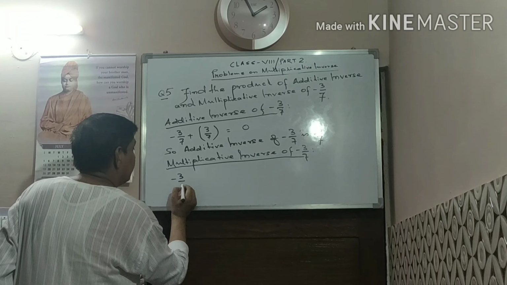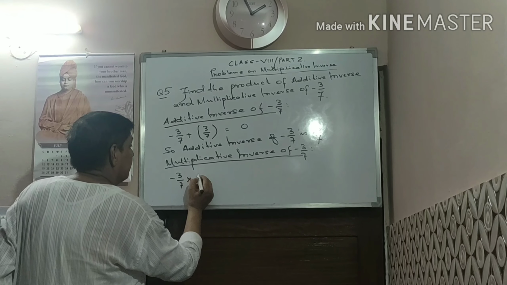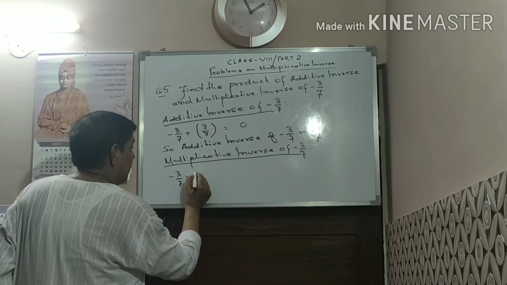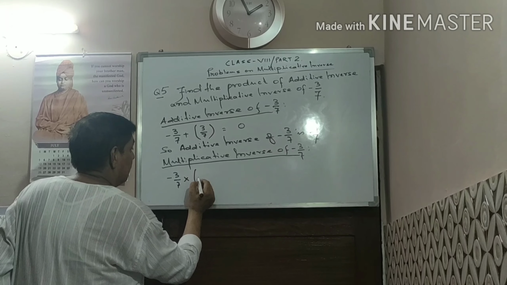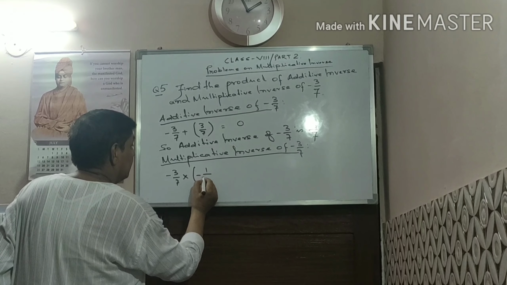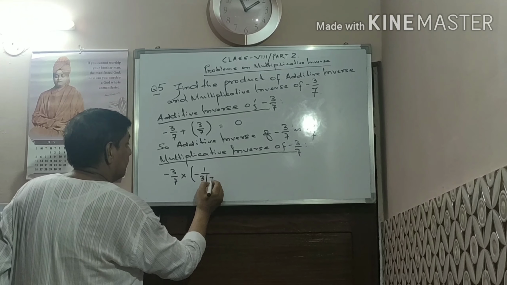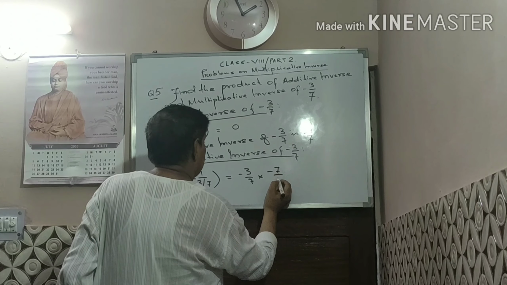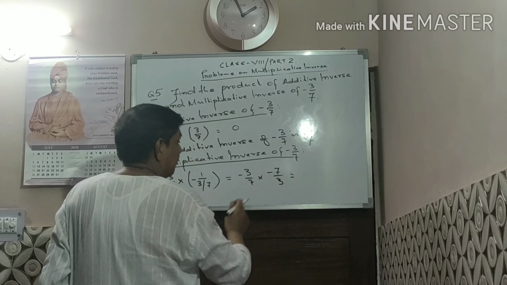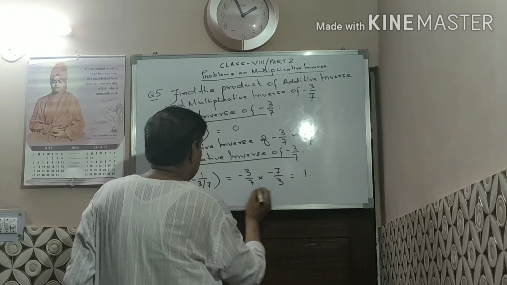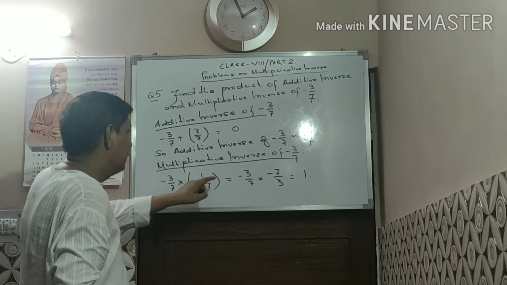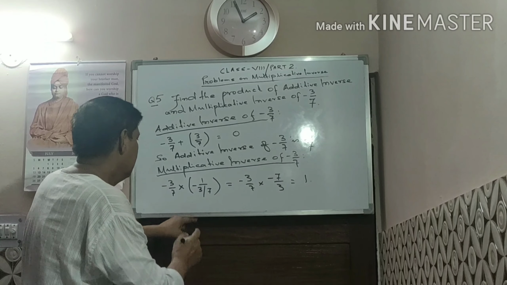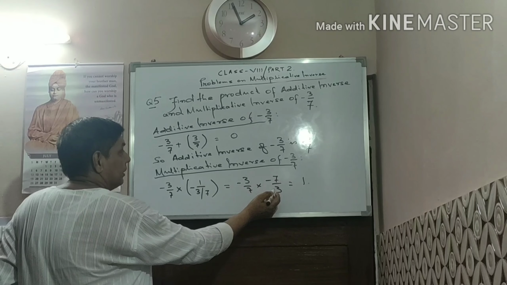Minus 3 by 7 should be multiplied with the same number but reciprocal. It will come out like this: minus 3 by 7 into minus 7 by 3. After cancellation, we will get 1. So the multiplicative inverse of minus 3 by 7 is minus 7 by 3.